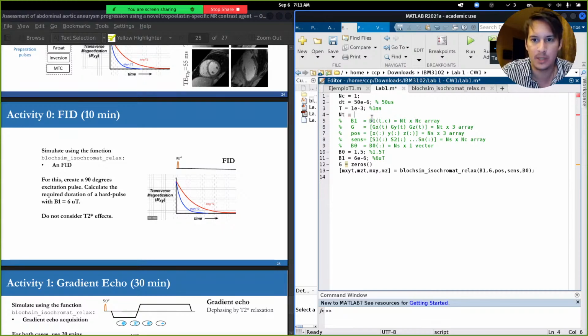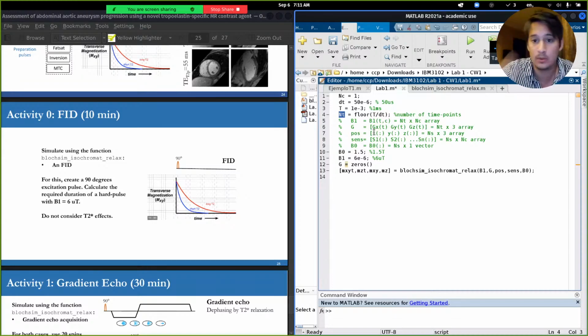So the number of time points would be the number of times dt fits inside of t, like this. So that's the number of time points. Okay, so we have the number of coils and the number of time points.